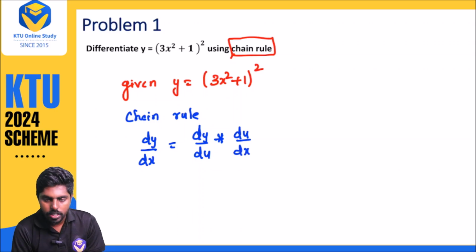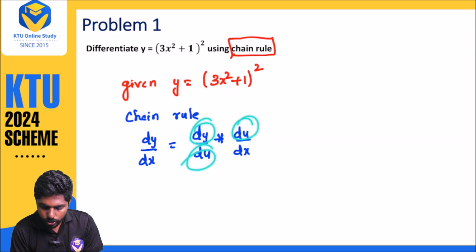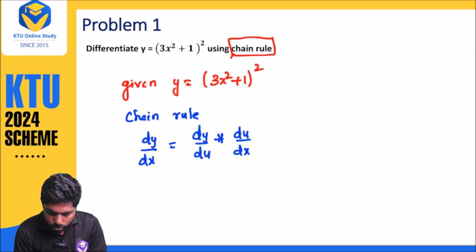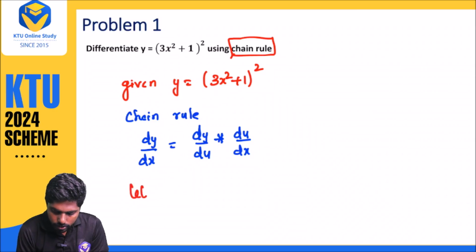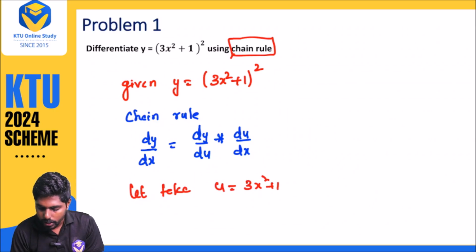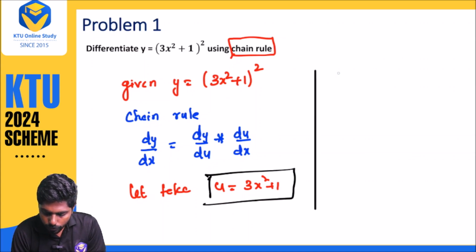This is very easy to recollect: dy by du into du by dx. Now let's take u is equal to 3x square plus 1. Then y becomes u square.